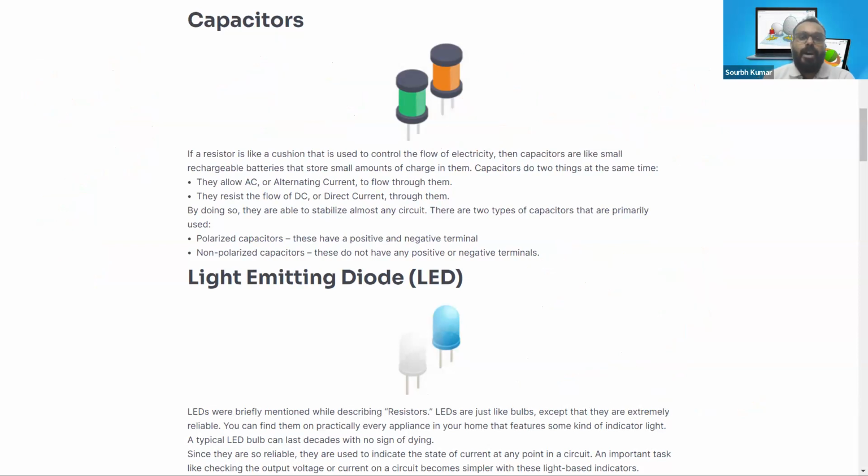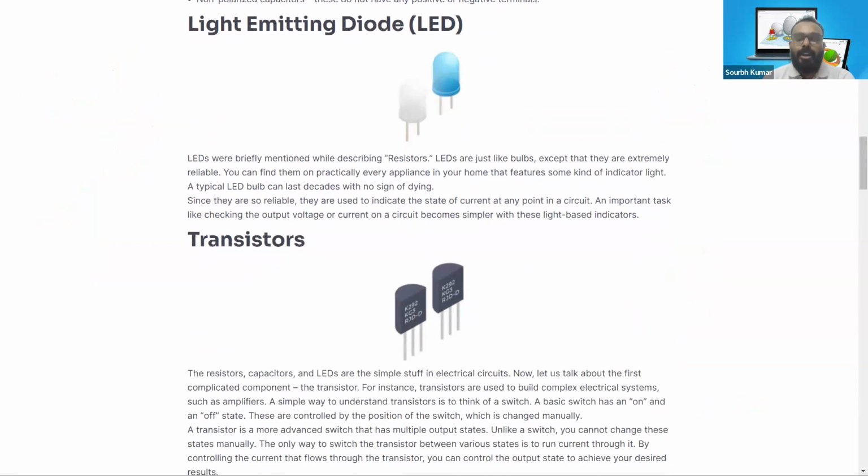So now what we have is the light emitting diode, and I believe each and every person has an idea about the light emitting diode because it is available nowadays almost everywhere. Even on the mobile you are using, or the laptop, the screen itself has a large number of dots in it, and we call them pixels.